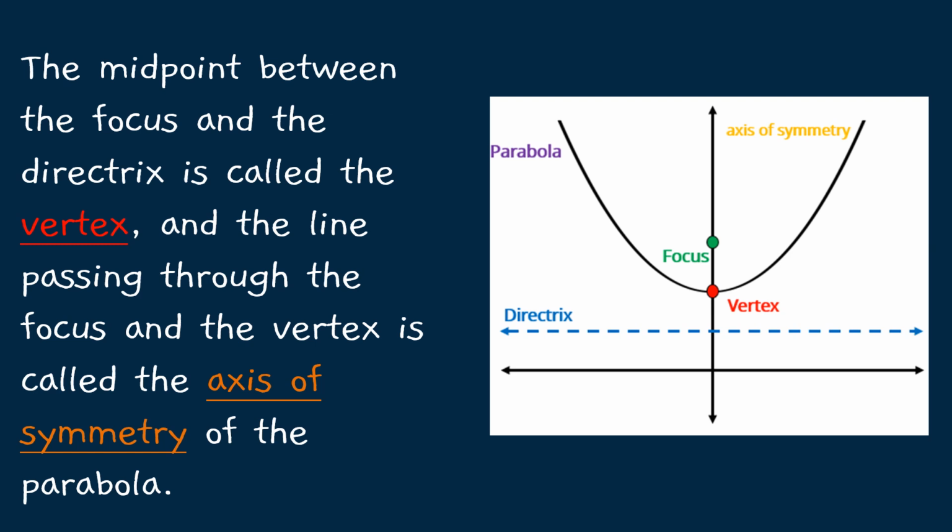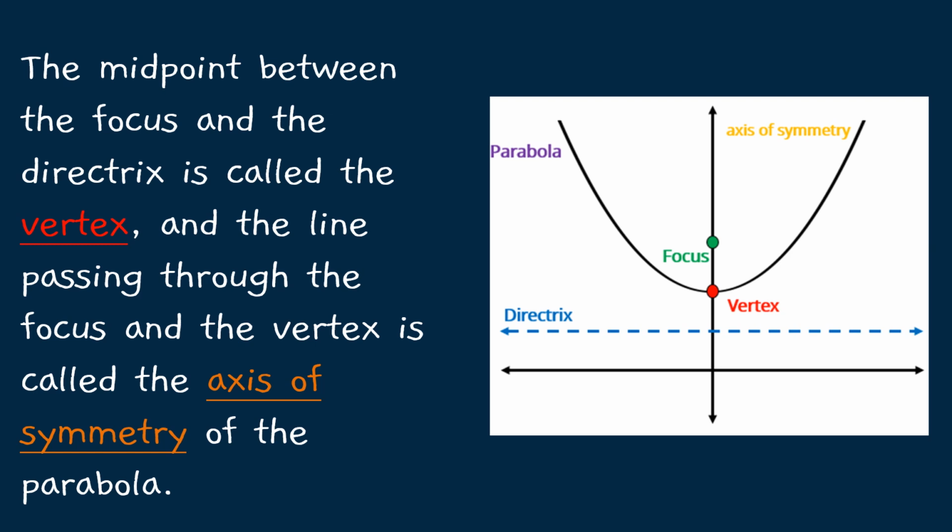And as we remember, the vertex is the farthest point or the extreme point of the parabola, hyperbola, and ellipse. So dito makita natin that the parabola has an extreme point. It can be the lowest point or the highest point for a parabola that opens down and up, and the farthest point if the parabola opens left or right.